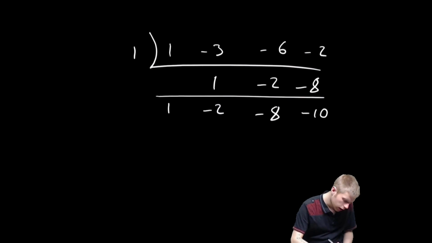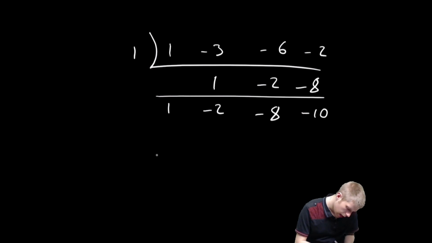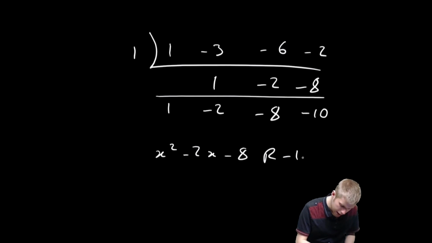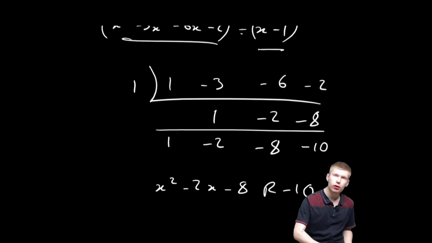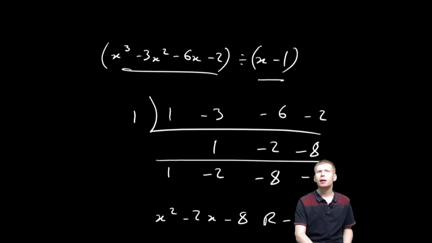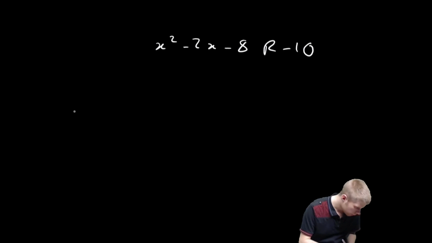Okay, so let's have a look. I've got x squared minus 2x minus 8, and my remainder is minus 10. So how can I express that? Well, what did I start off with originally? I started off with x cubed minus 3x squared minus 6x minus 2, all divided by x minus 1.